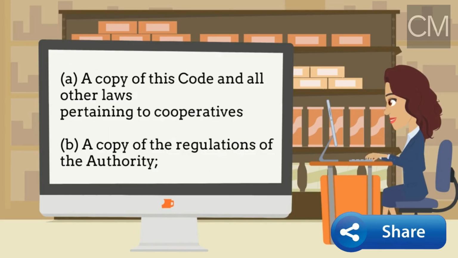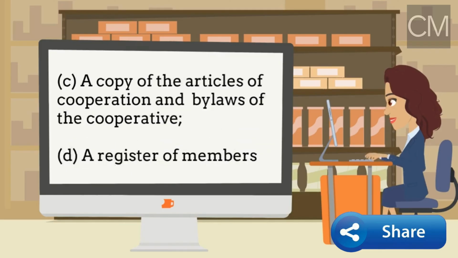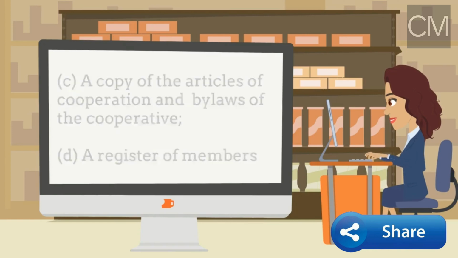A. A copy of this code and all other laws pertaining to cooperatives. B. A copy of regulations of the authority. C. A copy of the articles of cooperation and bylaws of the cooperative. D. A register of members.